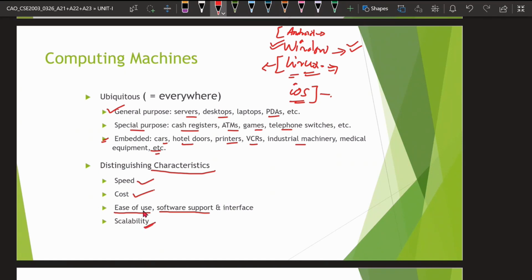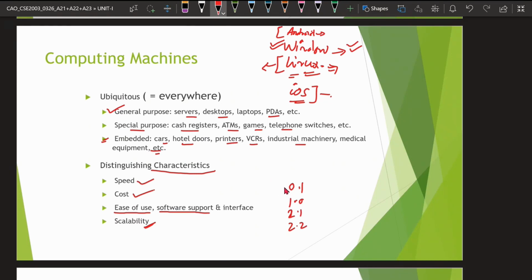So in terms of scalability, suppose a system has version 0.1 or 1.0, 2.1, 2.2. So there are different versions of a particular system. Okay.